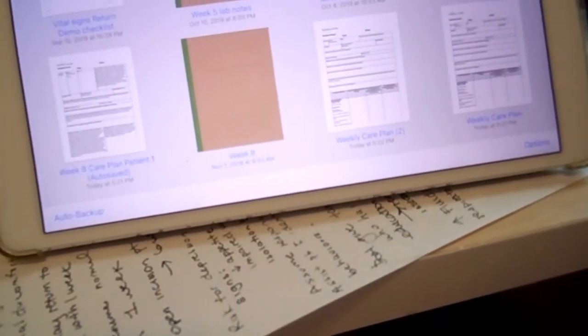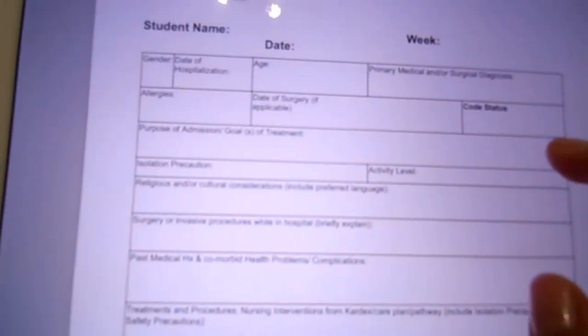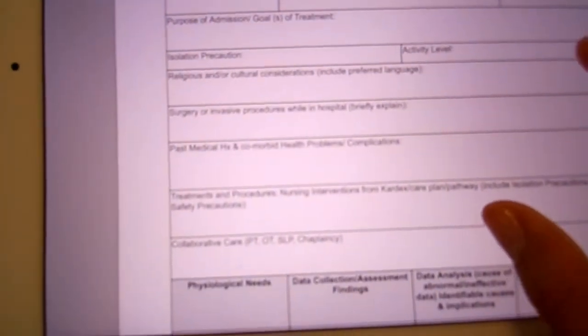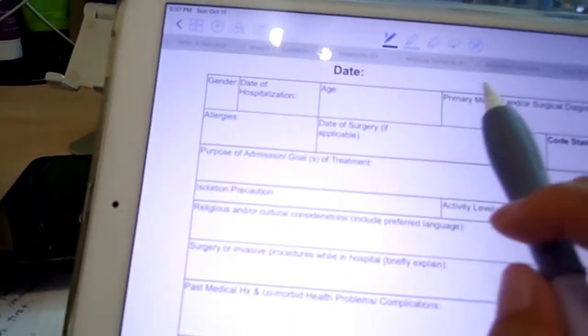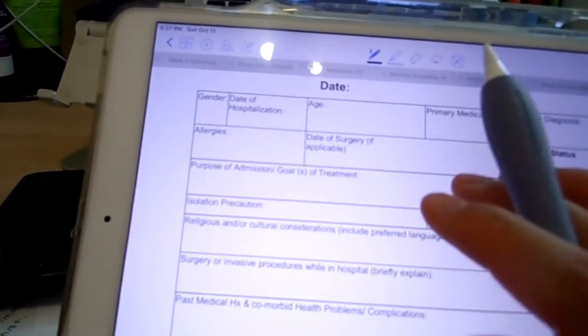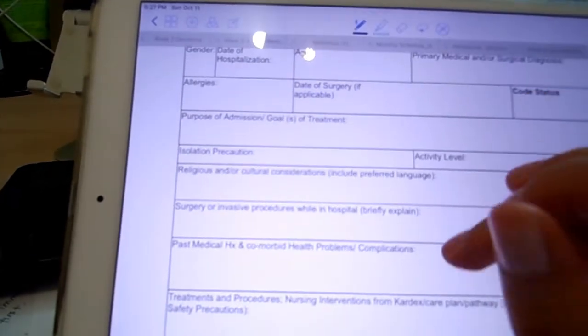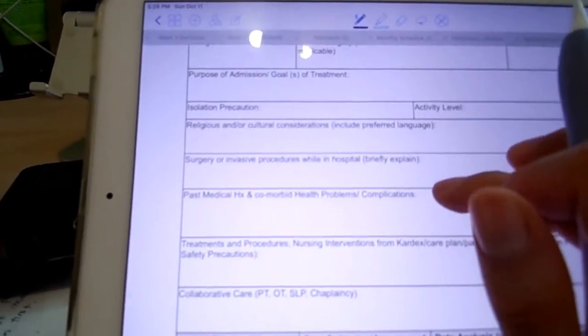And then when you are in second semester of your clinical placement, so that would be clinical 2, I was given a longer care plan to do. This was about 12 pages long, and it goes through the same things in the beginning, so the gender, when your patient was here, the diagnosis, if they had surgery, allergies, code status, treatment, activity, everything that you need to know about them.